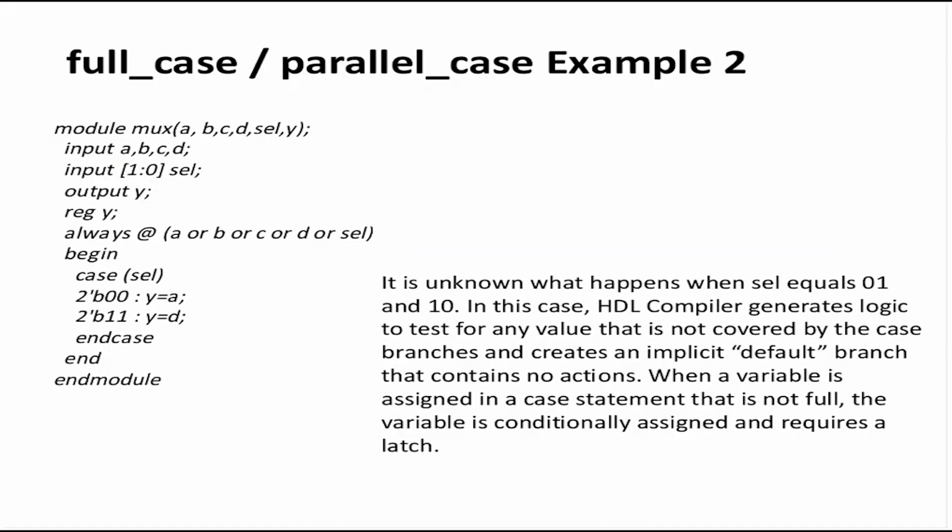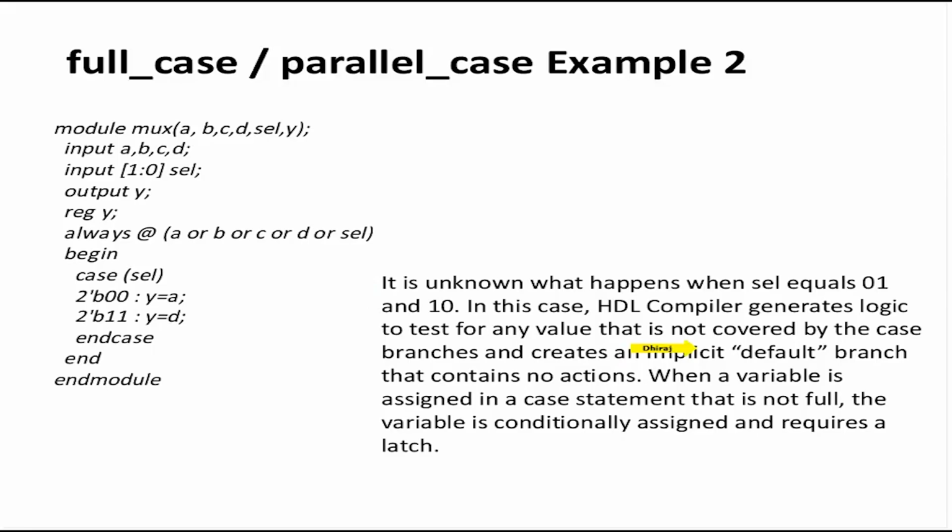Second case. Select is 2 bit. You can have 4 cases here, but only 2 are coded. So it is unknown what happens when select equals 0 1 and 1 0. In this case, the synthesis compiler will generate logic to test for any value that is not covered and create an implicit default branch.